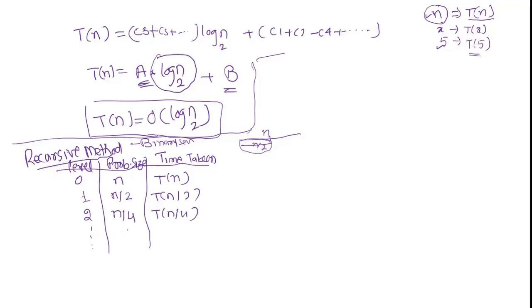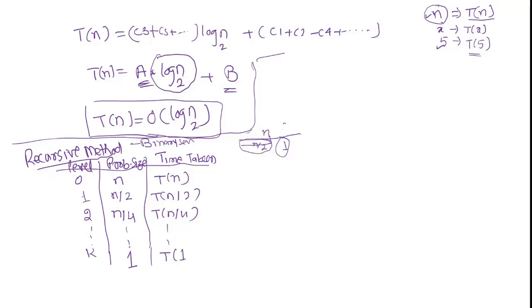Similarly, after the kth level, which is the last level, problem size will definitely reduce to 1. We keep on dividing, and at the end we have only one element in the list to search. So the problem size is 1 and time taken is T(1).